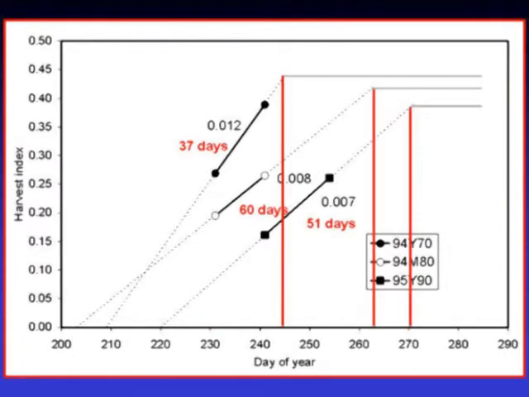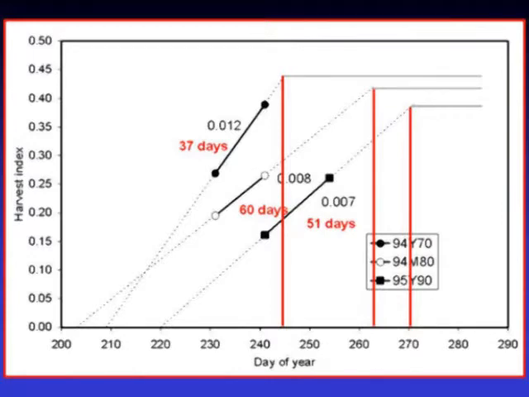And then if we know what the final harvest index is, we can show that there, and then we can determine the duration of the seed fill period from this point all the way to this point. So we do that with all these different cultivars, and what we find is a seed fill duration of about 37 days, 60 days, and 51 days for these different cultivars.